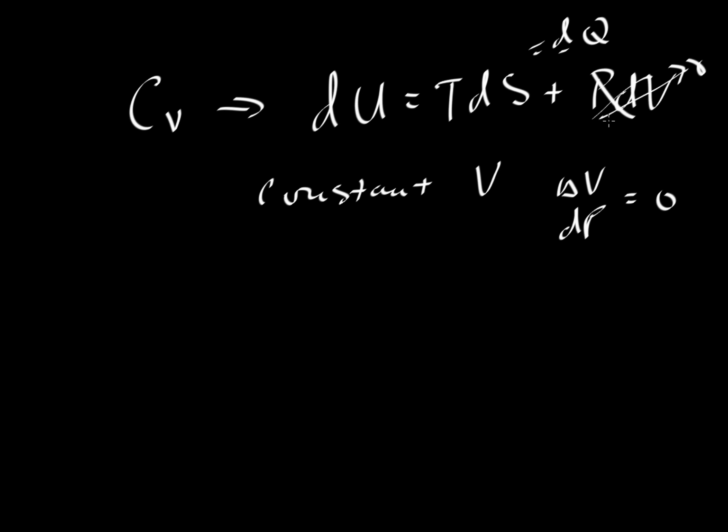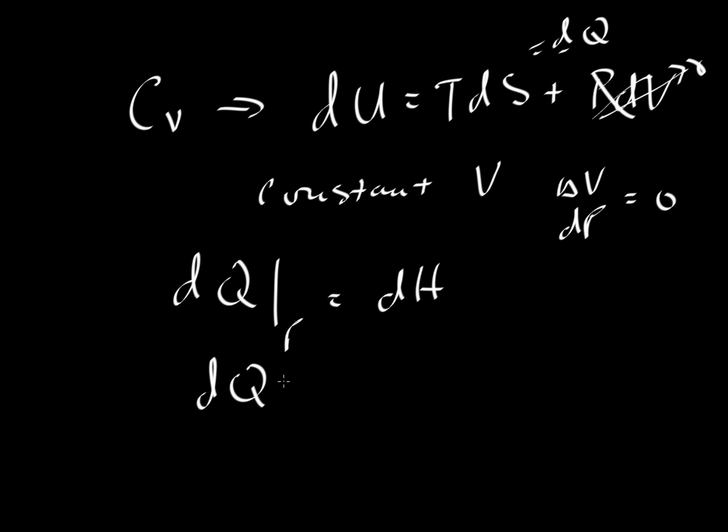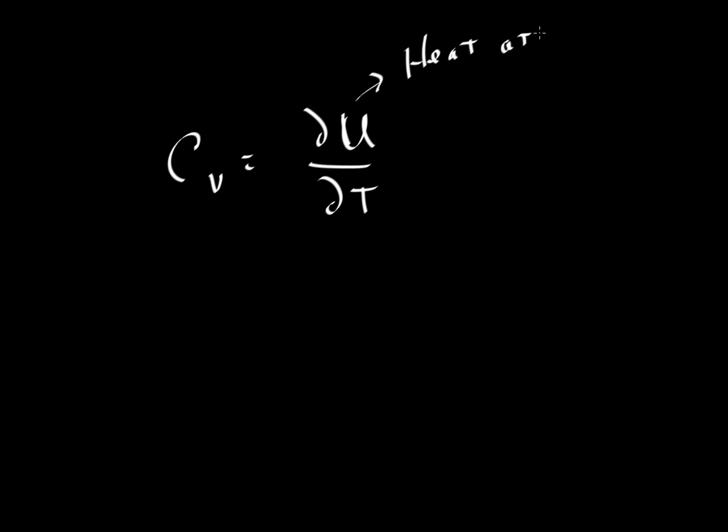So dQ at constant pressure is equal to dH, but dQ at constant volume here is equal to dU. So for C sub V strictly, it is equal to the change in internal energy with respect to temperature. And that's effectively the change in heat at constant volume.